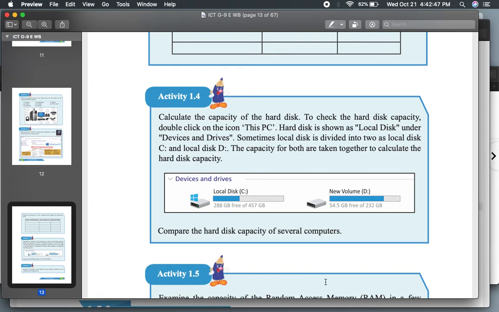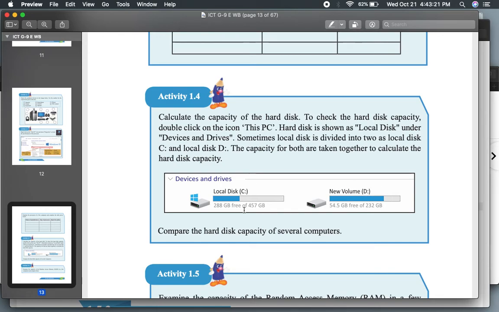So, in this image, this PC has two volumes, local disk C and the new volume D. So there are two partitions. The C drive has 457 GB and the D drive has 232 GB.